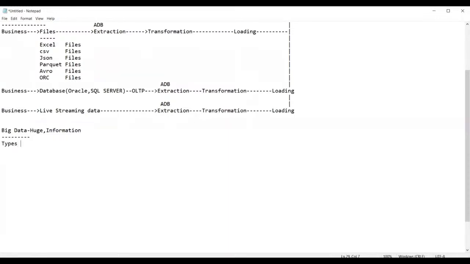Types of sources of big data. The first one, from where you can get big data, is social networking sites.